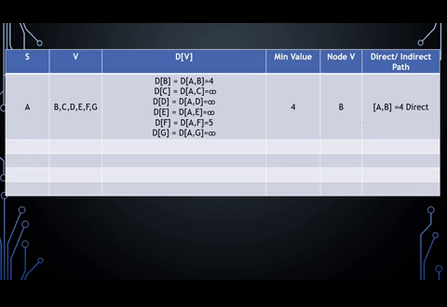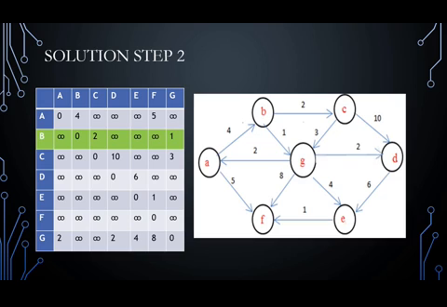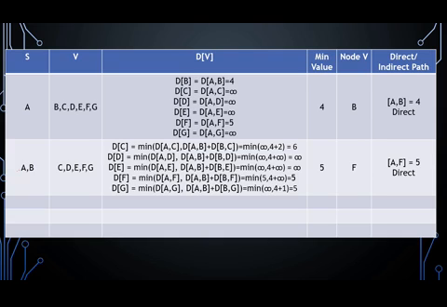When going to the next step, B becomes the new source. So make a note of all the distances from B. Infinity, 0, 2, infinity, infinity, infinity, 1 are the new distances. So now A and B becomes the source.